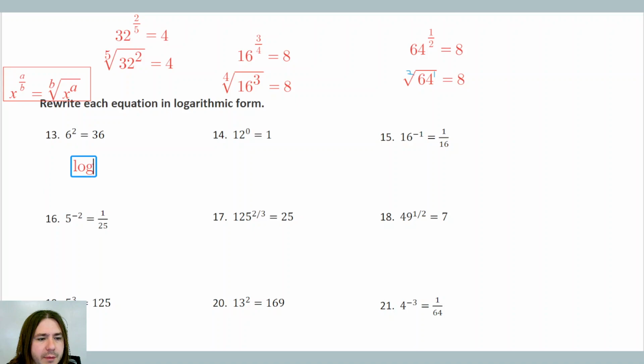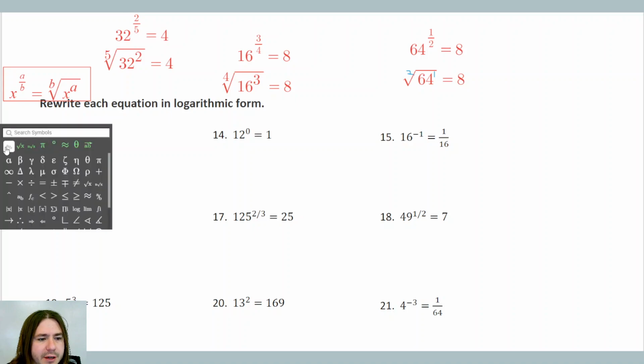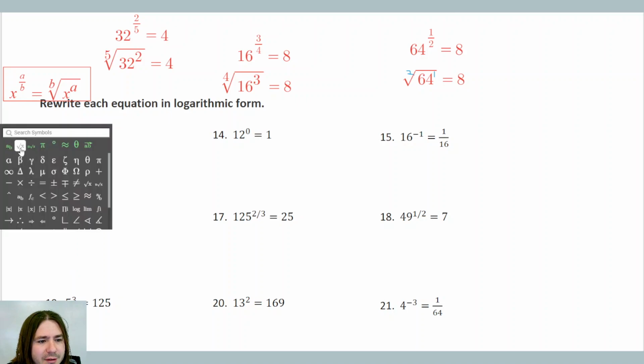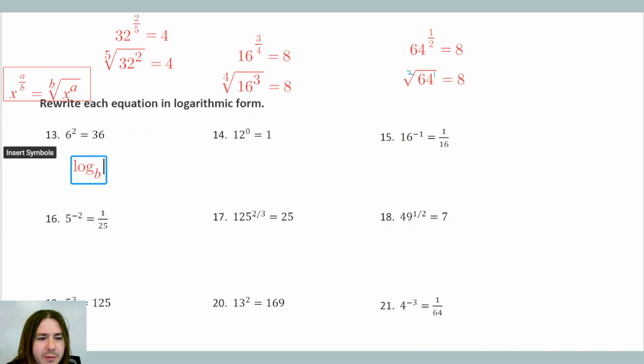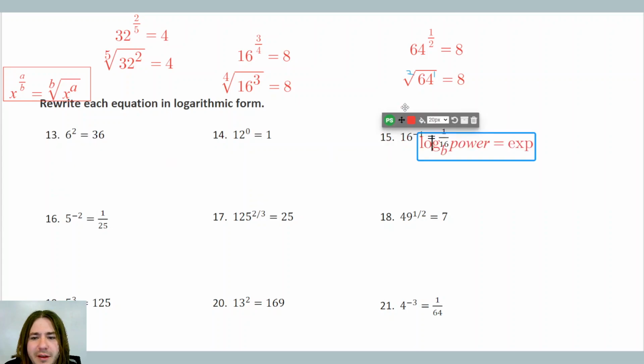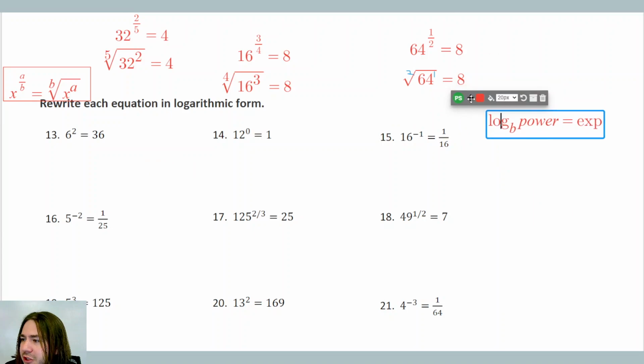I'm just going to make a template here so that I can copy and paste. So the log base b of the power equals the exponent. This is going to be my little cheat sheet over here.